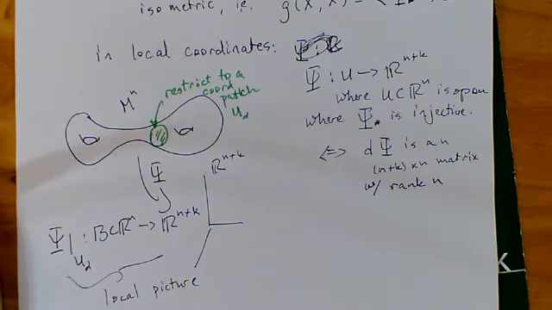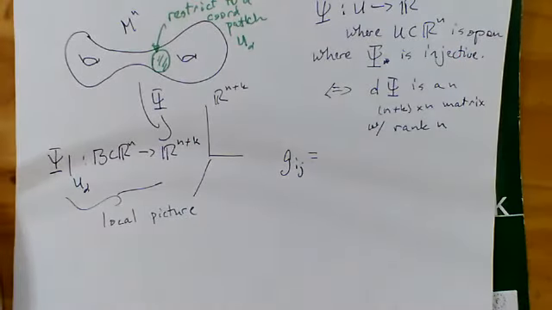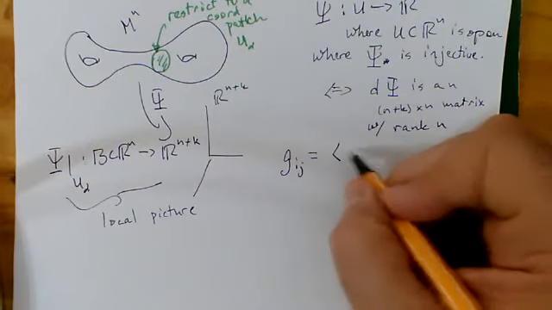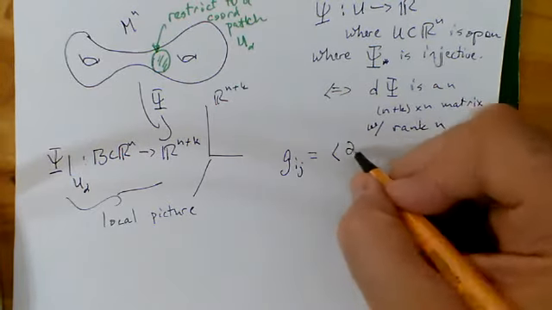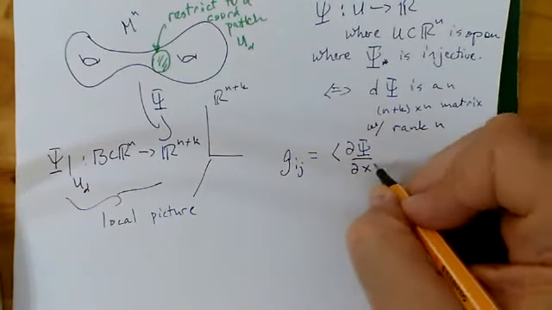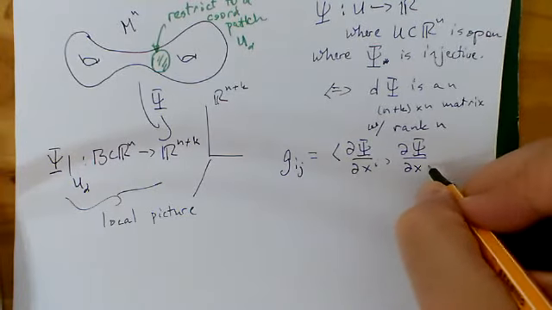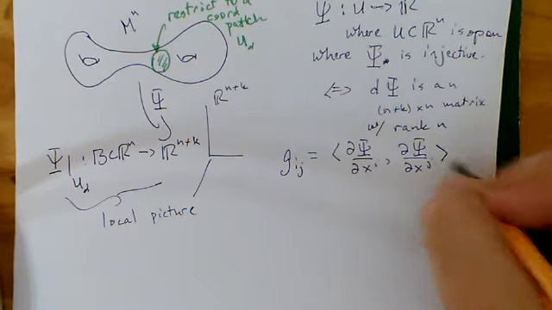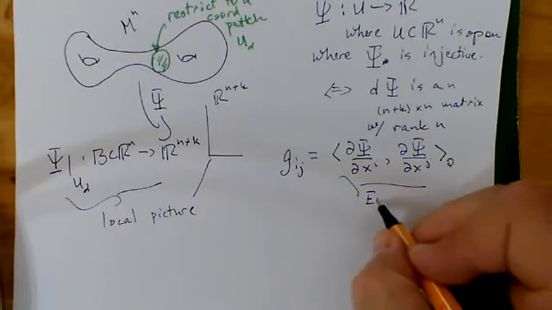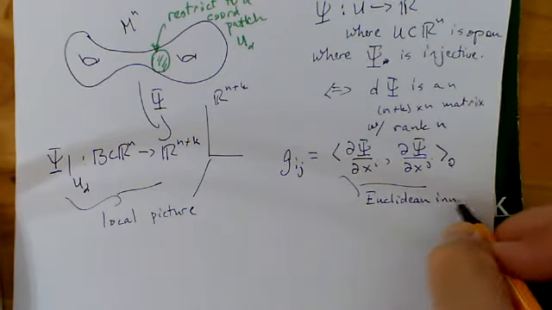So then if I do that, I can write down my G in local coordinates as the inner product of d phi with respect to dx^i and dx^j. So on this side, this is just a Euclidean inner product.